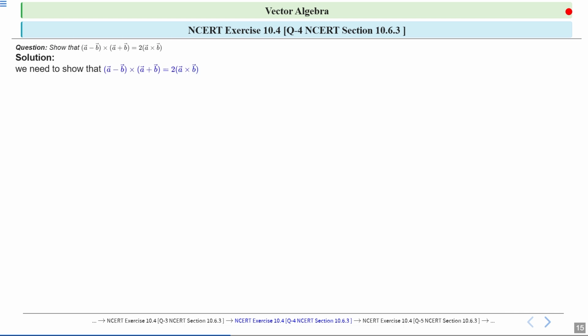So now the statement we need to prove is A vector minus B vector cross A vector plus B vector is equal to 2 times A vector cross B vector, right?